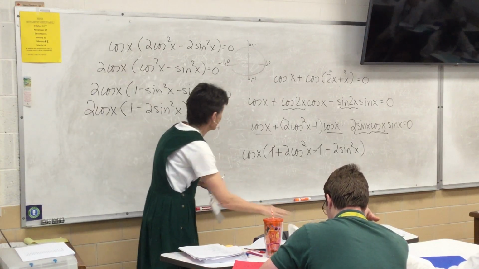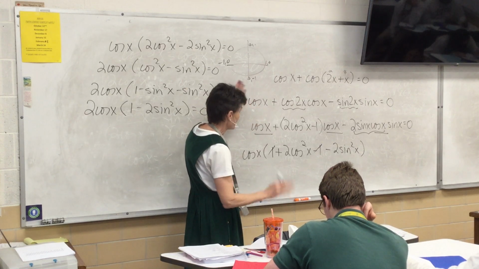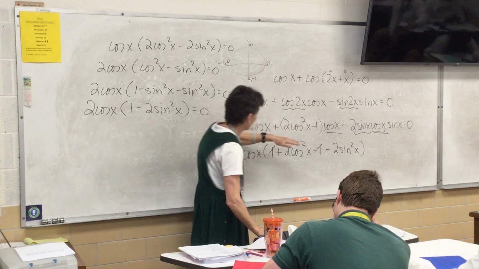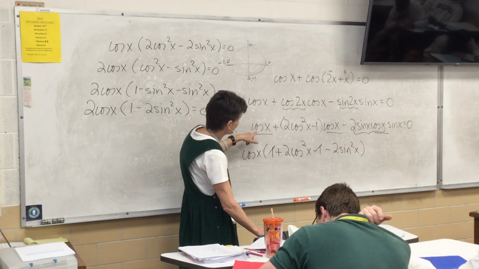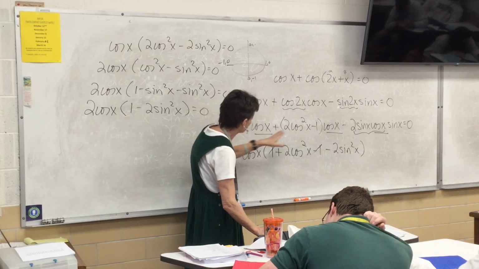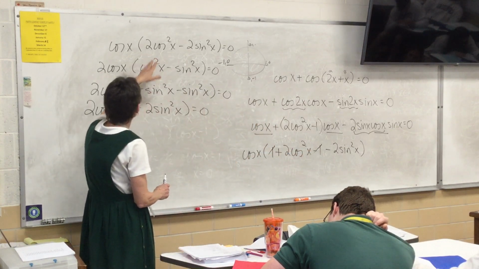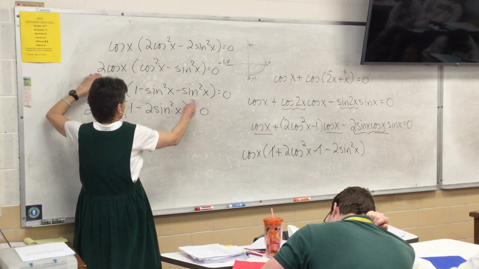Let's make sure everybody's following. We did some funky stuff here, which is fine, it all worked out beautifully. We changed our cosine and sine of 2x into their equivalents. Then we noticed that now they all have a cosine, so we pulled that out. Had some extraneous ones there, had a 2, we pulled that out. Now we have 2 variables here, so we changed it into 1.